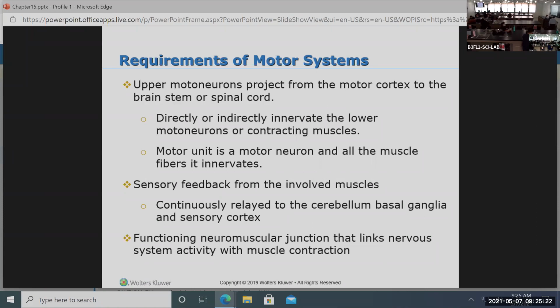Sensory. Okay, so that is taken care of. The sensory feedback from the involved muscles continuously relates to the cerebellum, basal ganglia, and the sensory cortex.